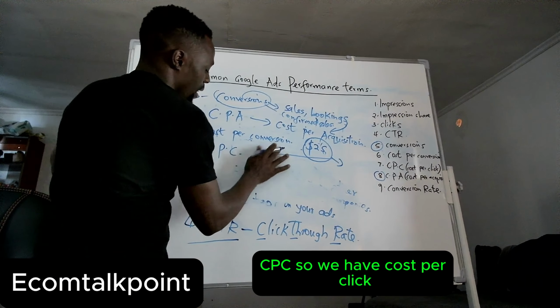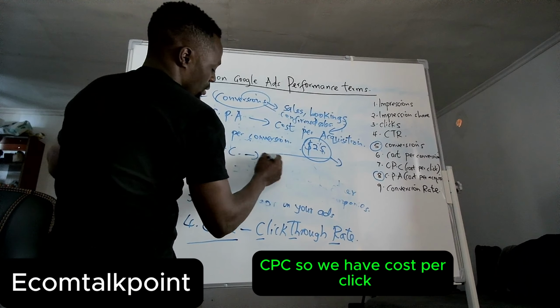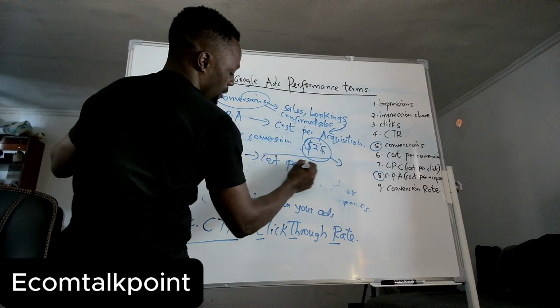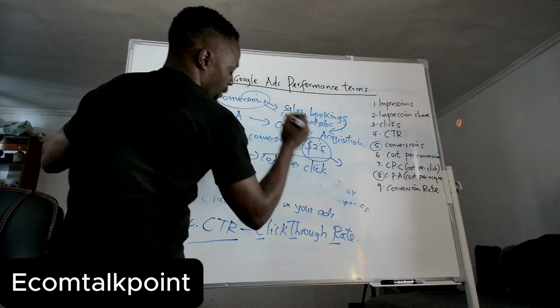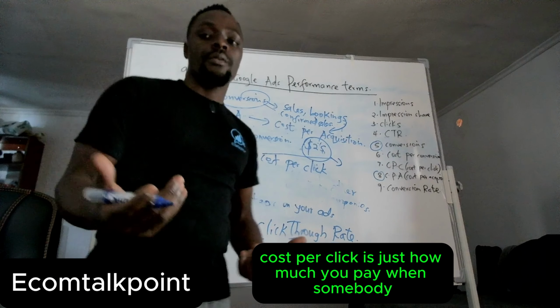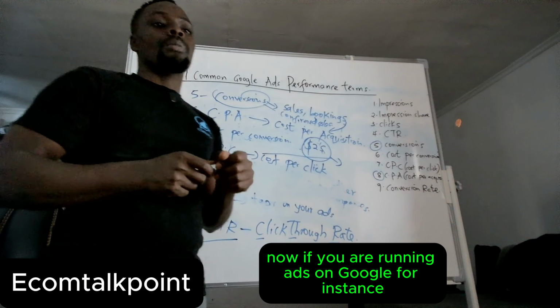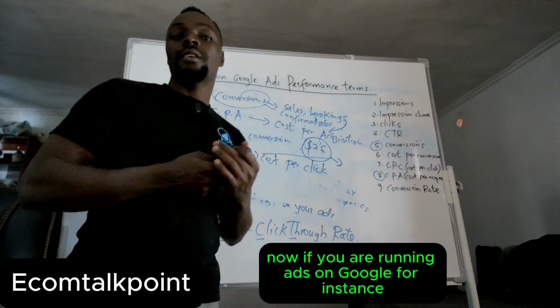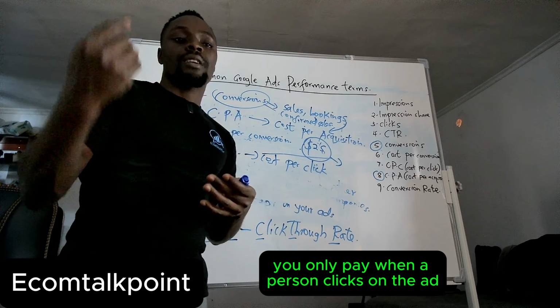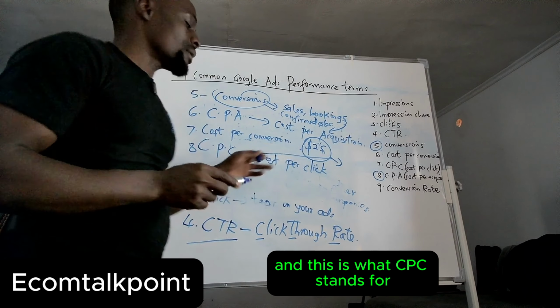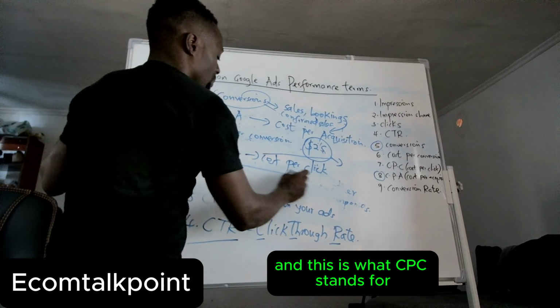CPC, so we have cost per click. Cost per click is just how much you pay when somebody clicks on an ad. If you are running ads on Google, for instance, you only pay when a person clicks on the ad, and this is what CPC stands for.